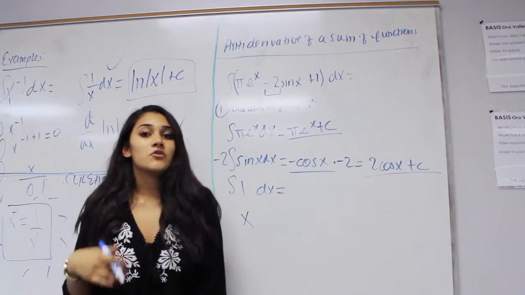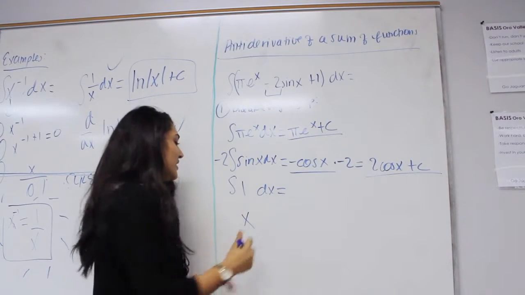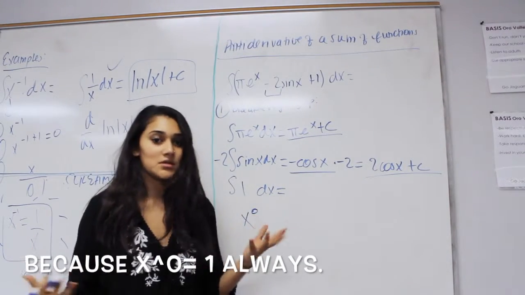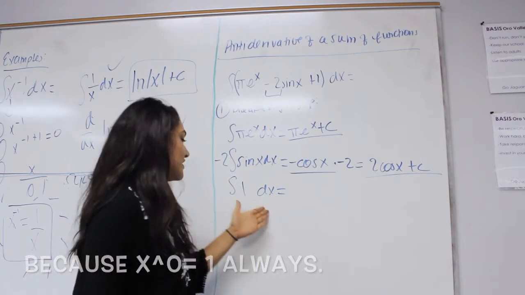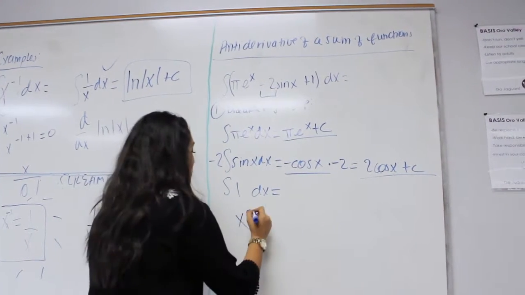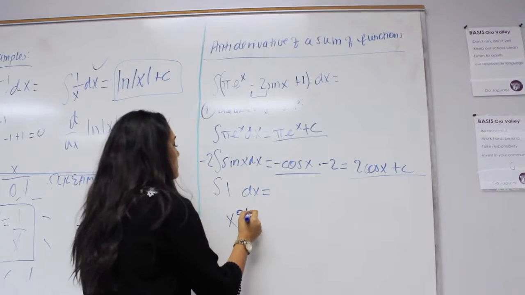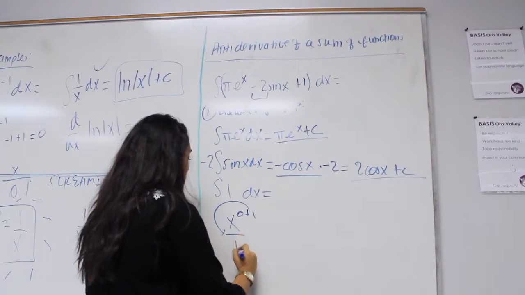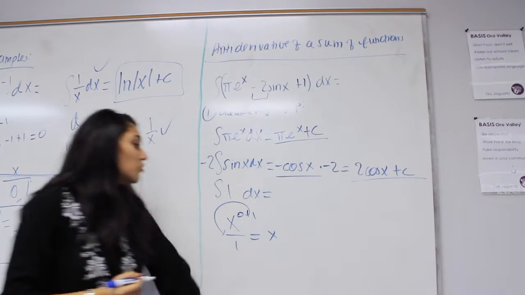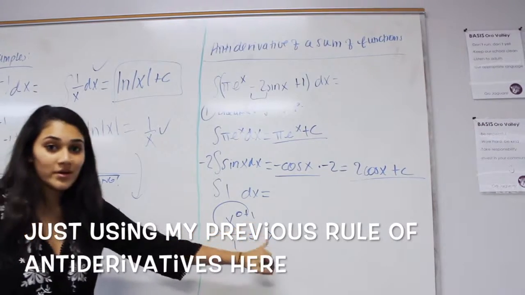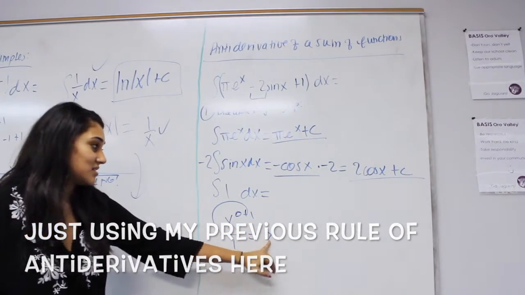In order to get 1 from x, it had to be x to the 0 at the end of all your work. So to take the antiderivative of it, we can just do x to the 0 plus 1, and you can bring that value down. This equals x. So what you had was you started with x to get 1.